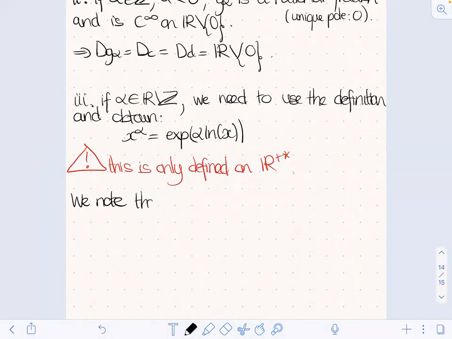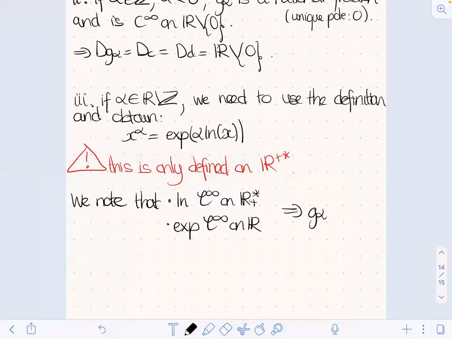So we can note that ln is C infinite on R plus star, and the exponential is C infinite on R. So G alpha is C infinite on R plus star.